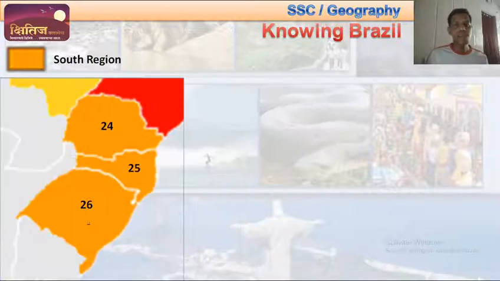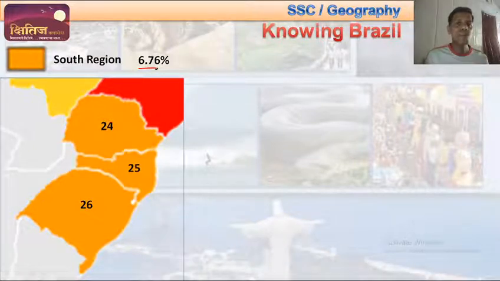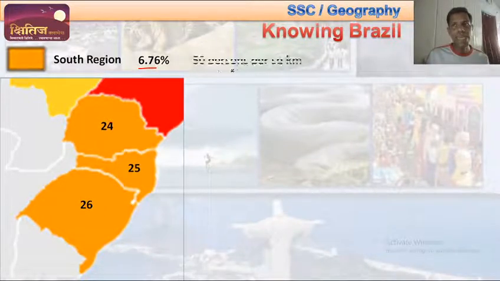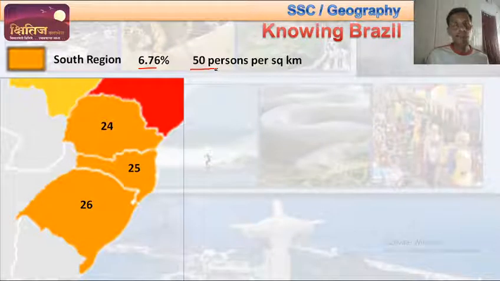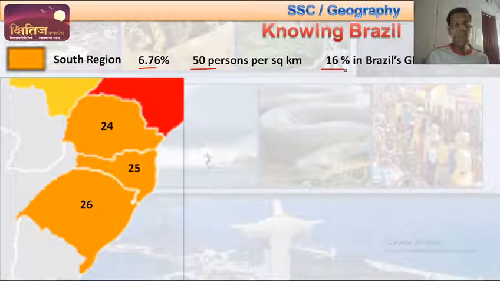Let us go to the last region, that is the south region of Brazil. It is the smallest region of Brazil and it covers only 6.76% of Brazil's total land area. The density of population is 50 persons per square kilometer, and it contributes 16% of Brazil's GDP. Most of the people living in this area are emigrants.